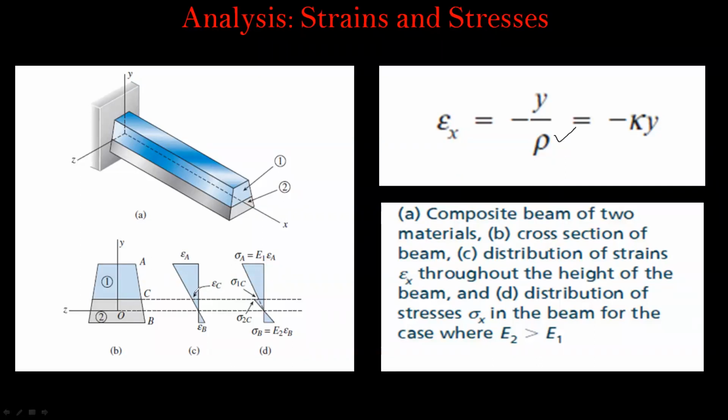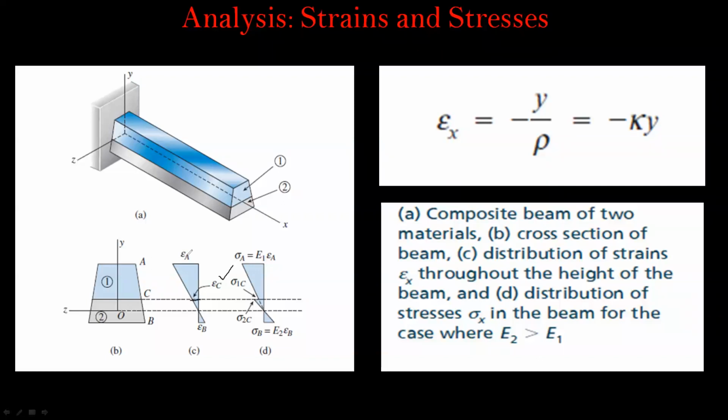The important thing about this formula is that if you look at the common surface, the interface between section 1 and section 2, that is the common surface between material 1 and material 2, that is this surface. At this very surface, the value of the strain is common.